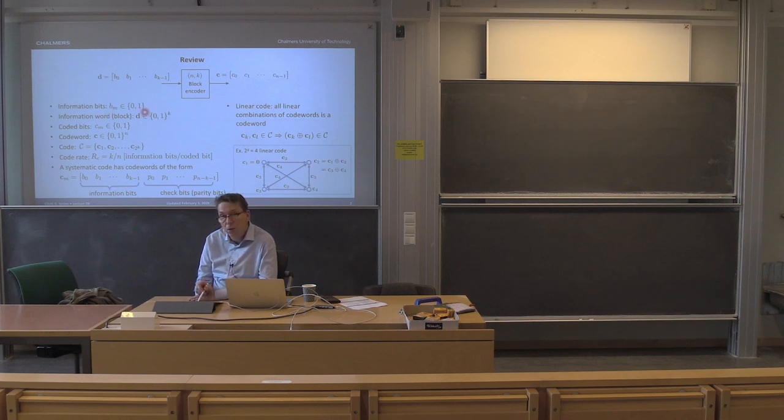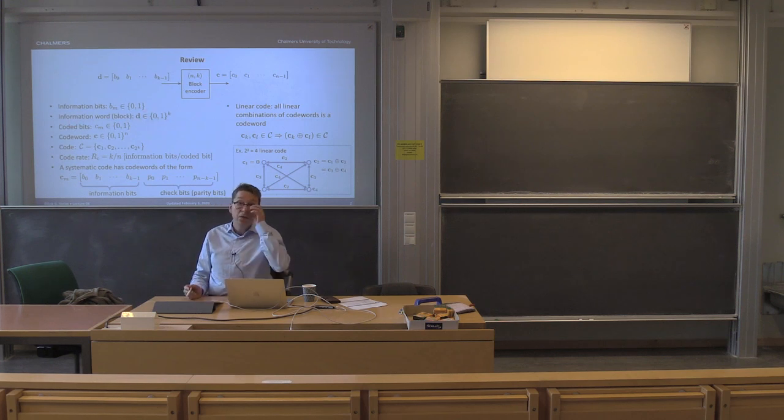The input bits are called information bits. And if we block them together in these k bits, we get this information word or information block, or it has several other names. But these are the bits that we would like to convey over the channel somehow.